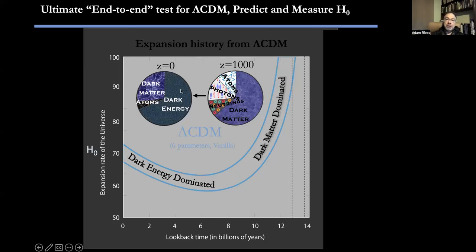The universe becomes dominated by dark energy. And generically, this model predicts an expansion history, which is plotted here, over time that looks like this: a dark matter dominated era when the universe is decelerating in its expansion, and the dark energy dominated era we live in now where it's accelerating. But what exact expansion rate of the universe would we expect?